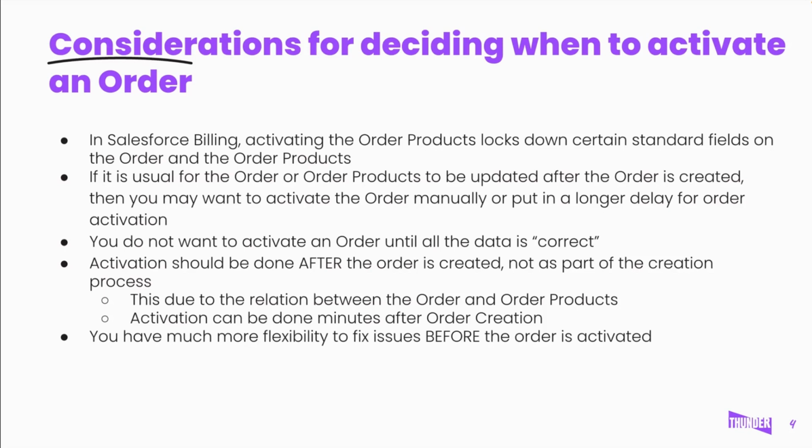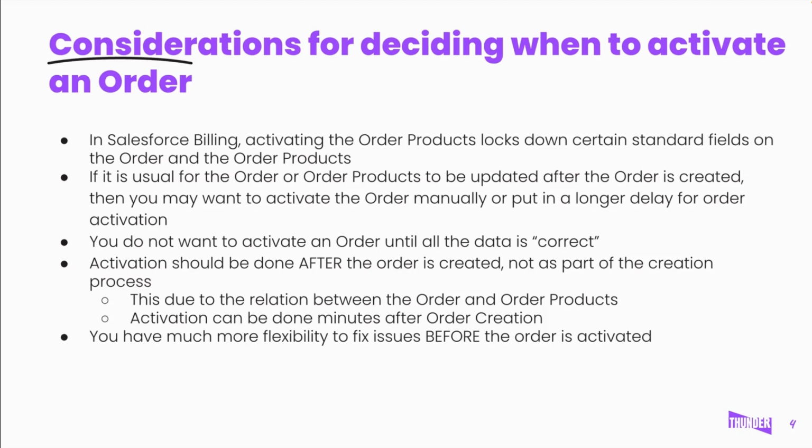Activation of an order, as Josh had talked about, is key in Salesforce billing. There are a lot of things that happen with the order and order products once it's been activated that drive billing, so you really want to understand when to activate that order, and you don't want to activate it until you're pretty sure you don't have to change it. It's not a great idea, because once you decide you have to change information, you now have a data mismatch between things like revenue schedules, revenue transactions, contracts and subscriptions.